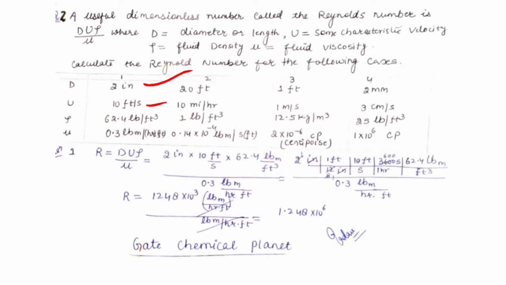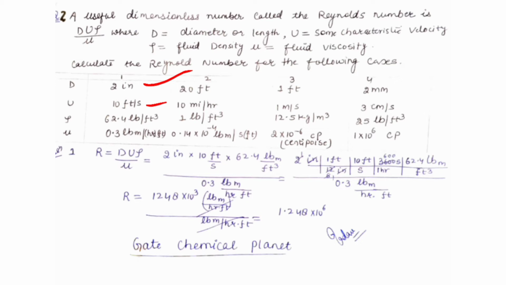Now putting the values of d, u, rho and mu in the formula of the Reynolds number: Reynolds number equals d u rho by mu. So we get 2 inches times 10 feet per second times 62.4 lbm per feet cube divided by 0.3 lbm divided by hour feet.